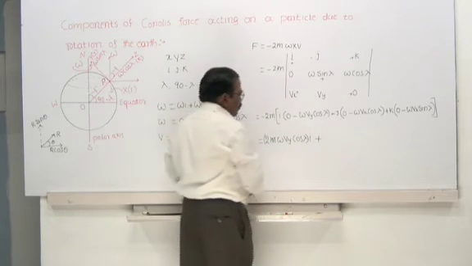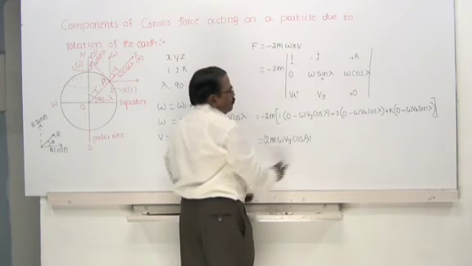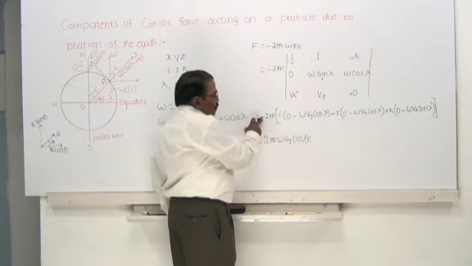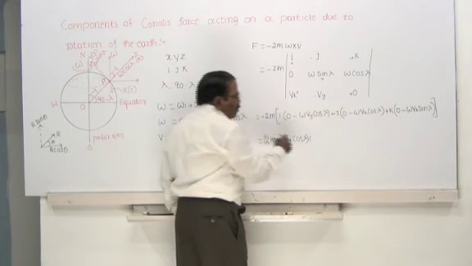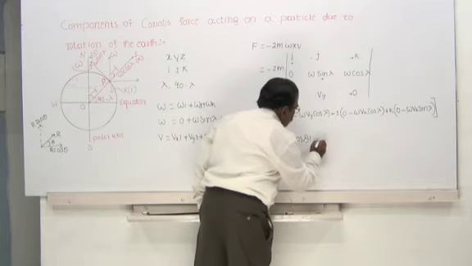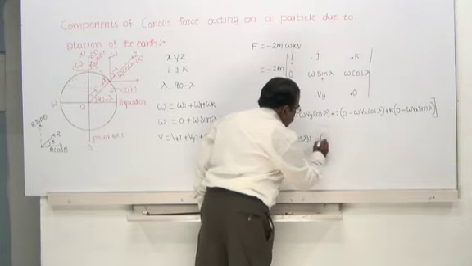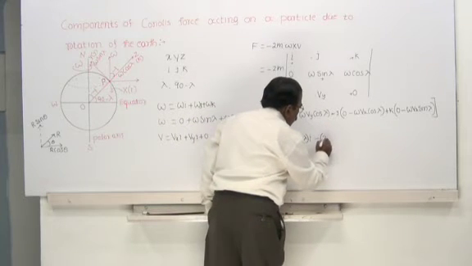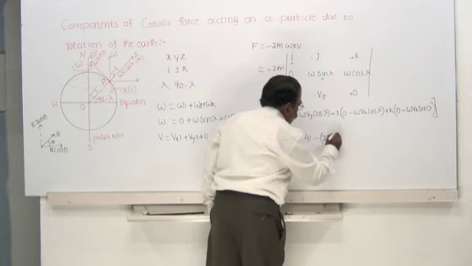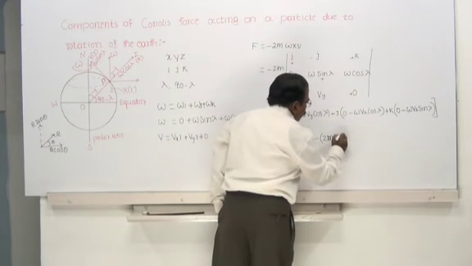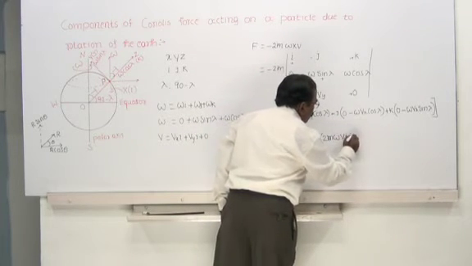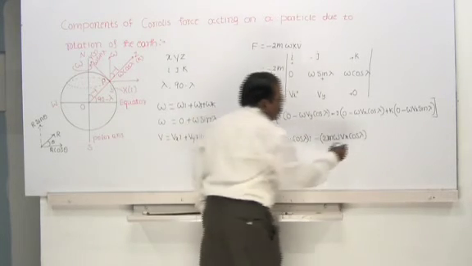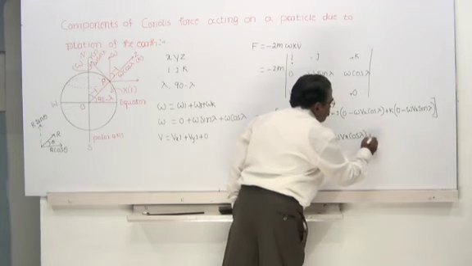See, this is minus into minus is plus, but this is minus. So minus inside the bracket 2m omega Vx cos lambda, of course this is j.